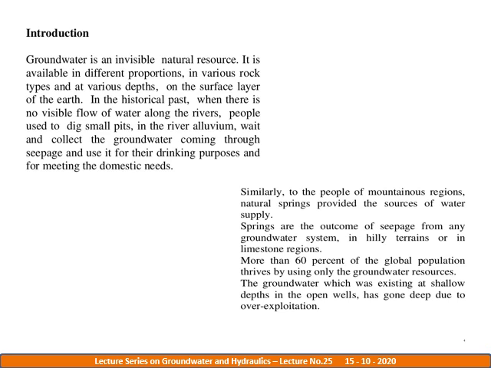In the historical past, when there was no visible flow of water along the river, people used to dig small pits in the river alluvium, wait and collect the groundwater coming through seepage and use it for drinking purposes and for meeting domestic needs.